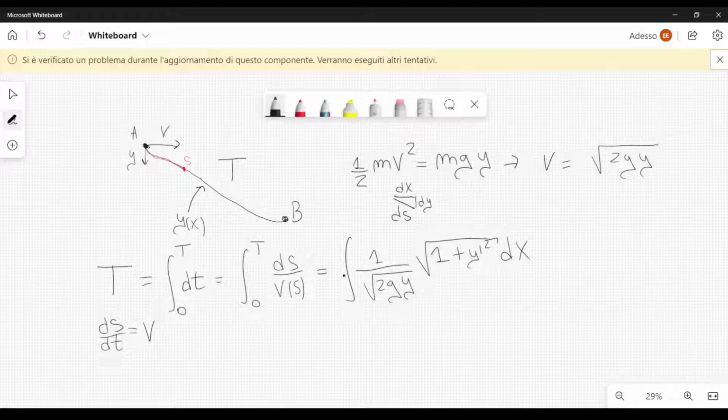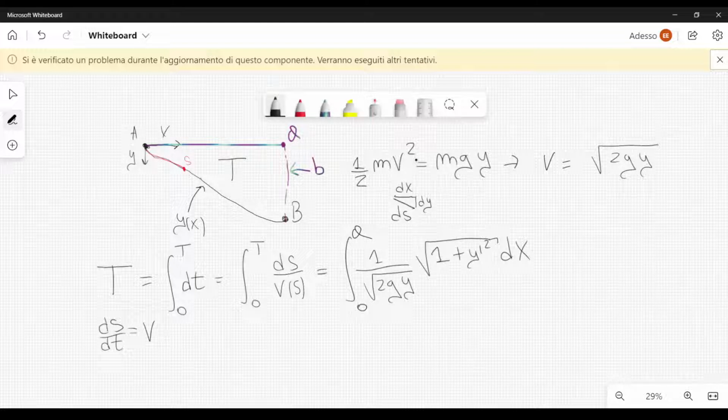And then we have to integrate from 0, this point here, along x. So we have to move on the x-axis until this point, which is, let's say, a, and the ordinate here will be lowercase b, for example. So we have to integrate from 0 to a here.